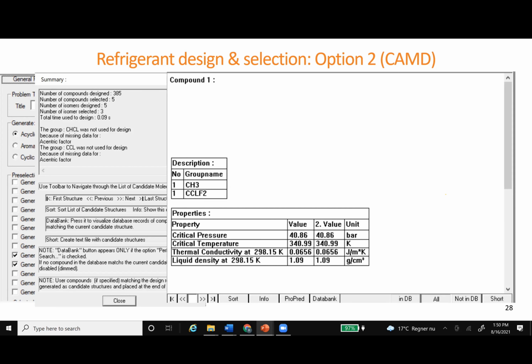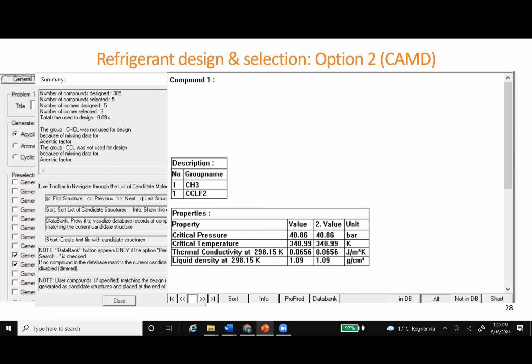Those were the molecules. The program generated 385 molecules that satisfied the structural requirements, but only 5 were selected because of the properties. And then out of those 5, only 3 satisfied all the requirements afterwards.